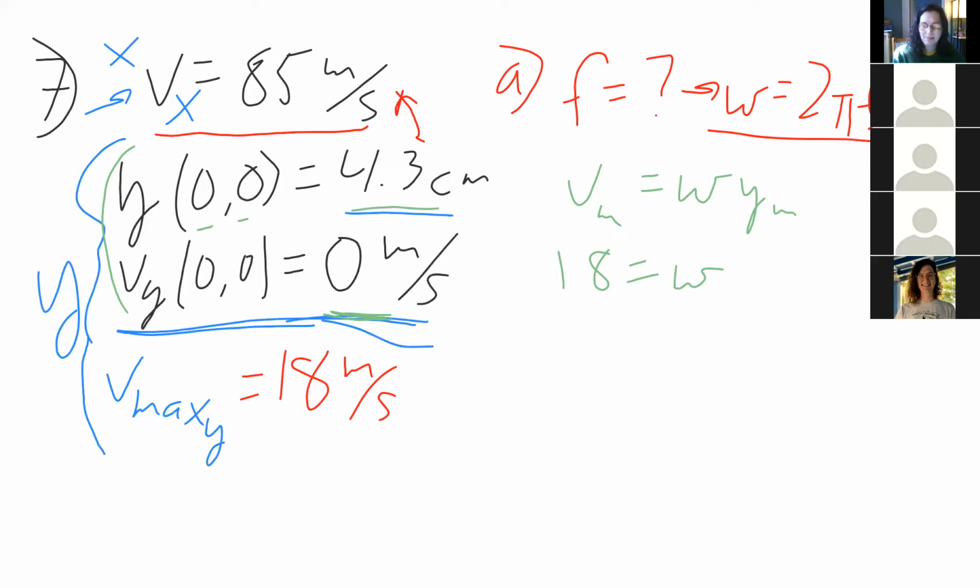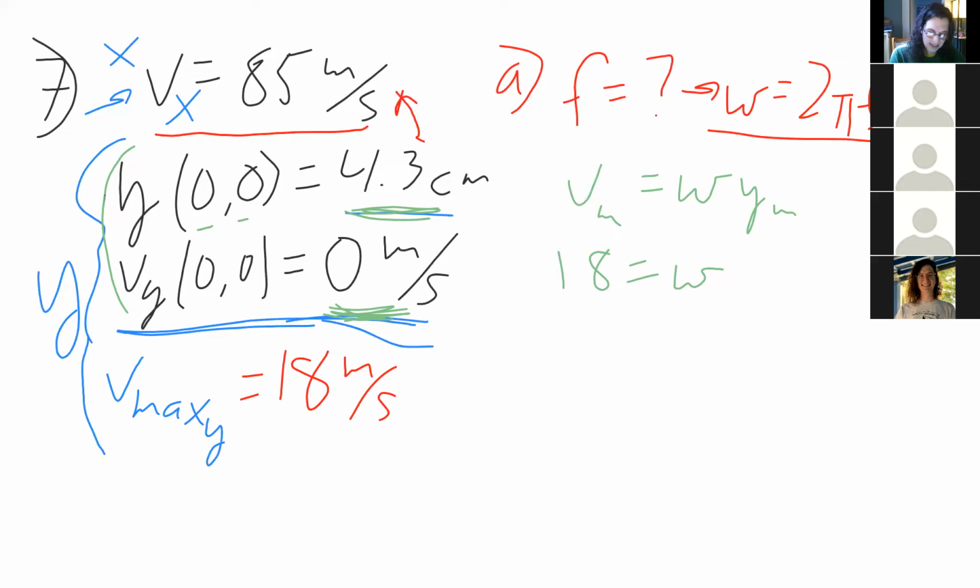If it's not moving, remember your velocity and your position are 90 degrees apart because one is a sine and one is a cosine. So if you have no velocity, that means that you're at a maximum position. Similar to how with projectile motion, if your y velocity was 0, you're at a max height. If your y velocity is 0 here, then you're at some maximum of that sine function that we defined a few slides ago.